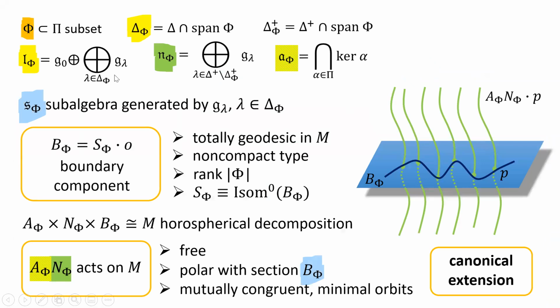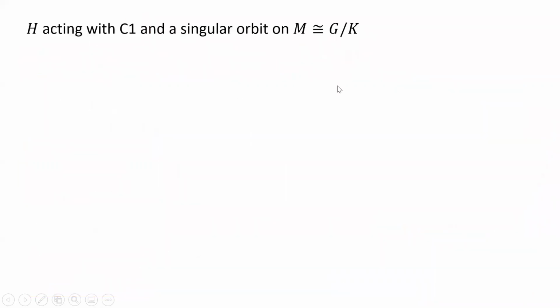Okay, I don't know if you can see it here in the second line. L sub phi is, somehow you consider the whole root decomposition, but in here you don't add all the root spaces, but only those corresponding to phi. Oh, okay. So this L phi is somehow the isometry group of the B phi times an abelian factor, or a flat factor.